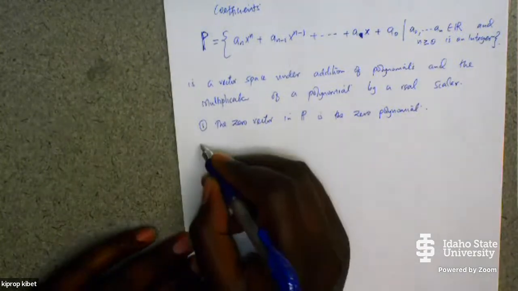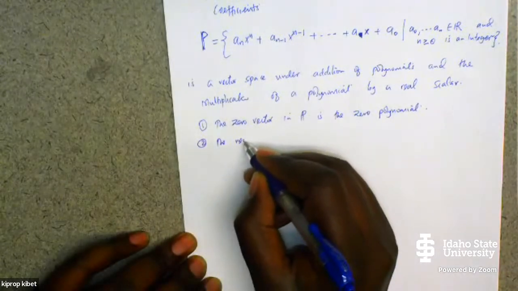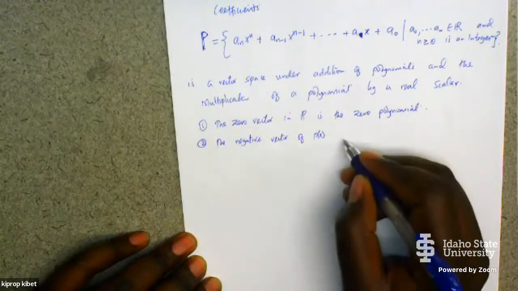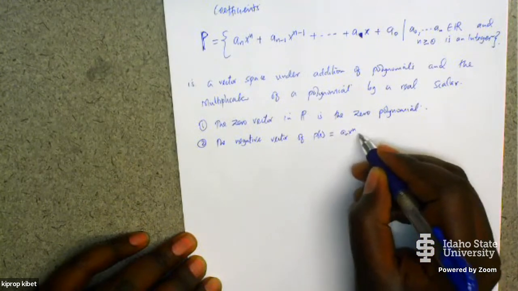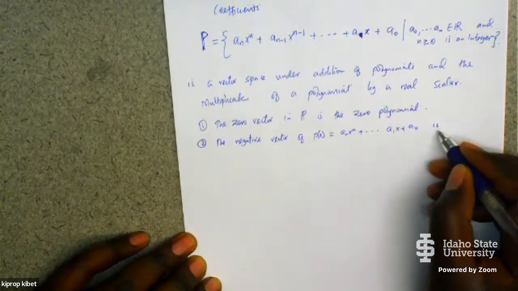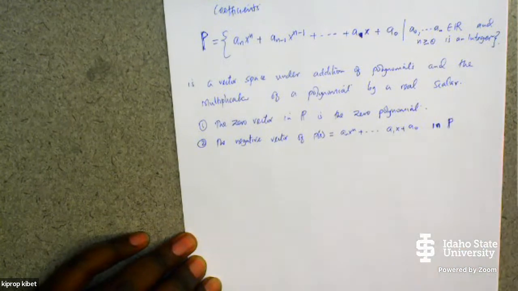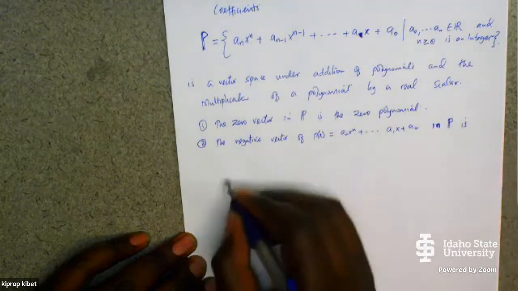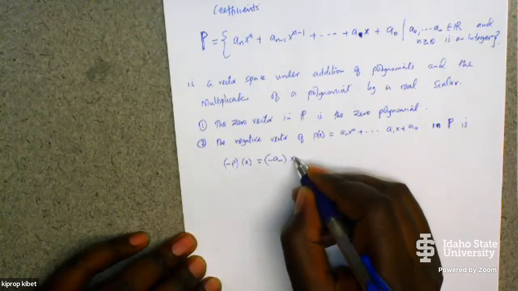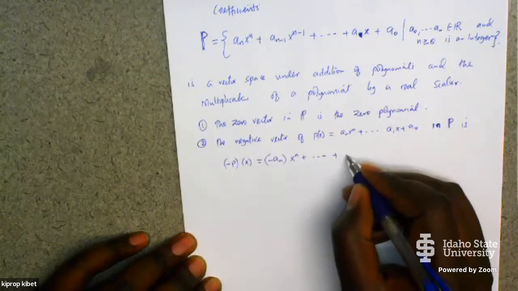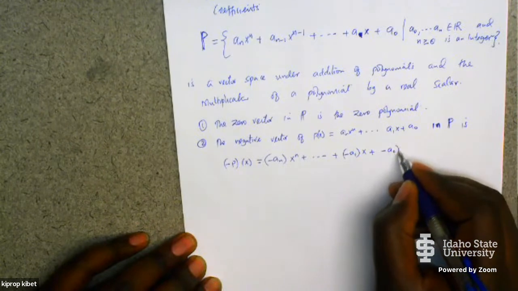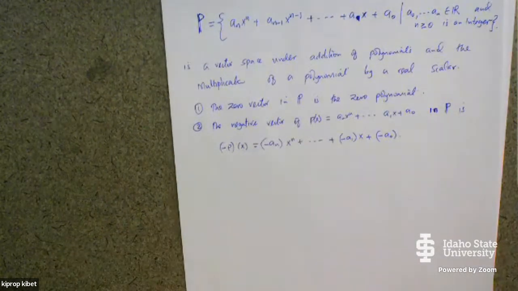Number 2, the negative. The negative vector of P, let's say P of x equals a_n x^n plus ... plus a_1 x plus a naught, in P, is basically negative P of x, which is the same as negative a_n x^n plus ... plus negative a_1 x plus negative a naught, and it's basically the negative vector.